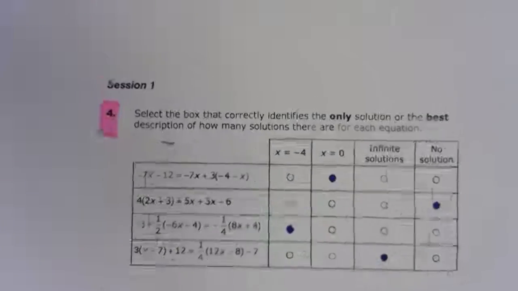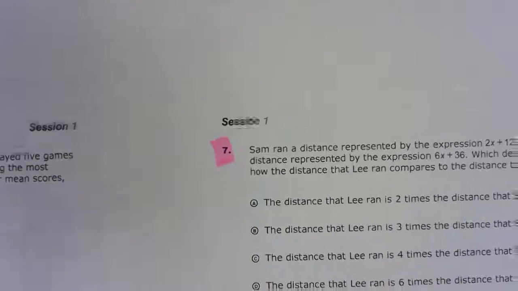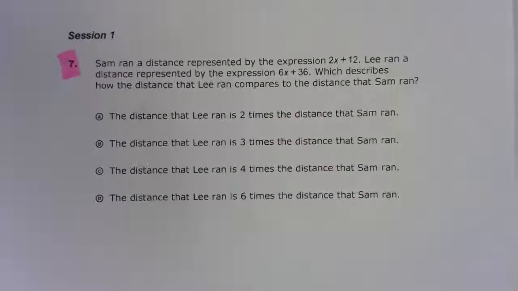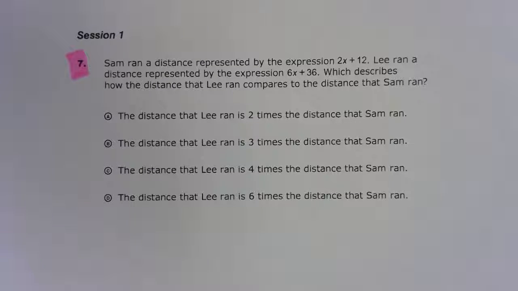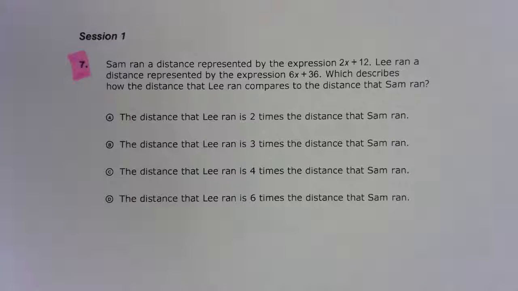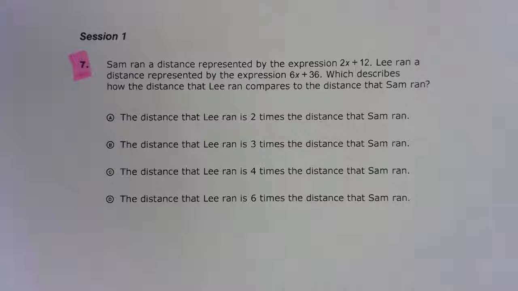Okay, moving right along. The next one that is very similar to Packet 1 would be question 7. Sam ran a distance represented by the expression 2x plus 12. Lee ran a distance represented by the expression 6x plus 36. Which describes how the distance that Lee ran compares to the distance that Sam ran?